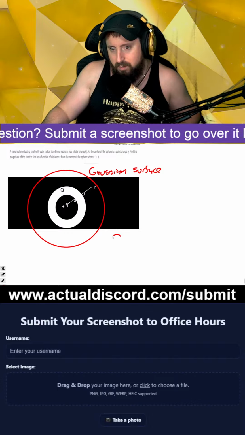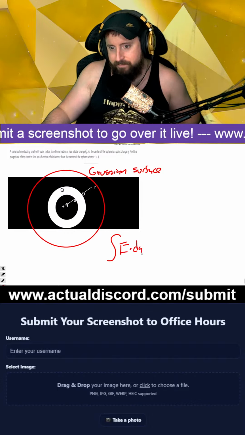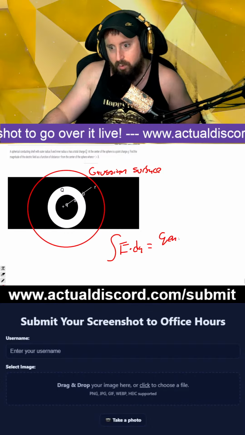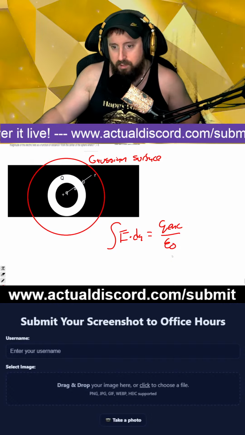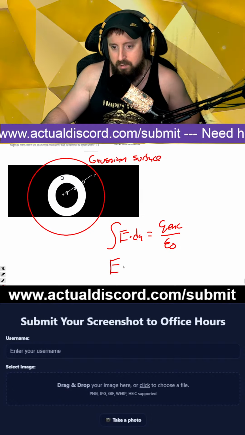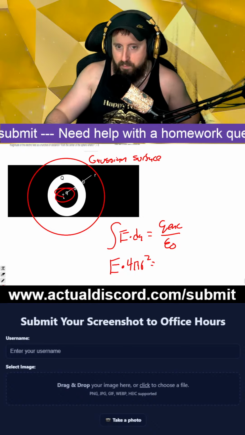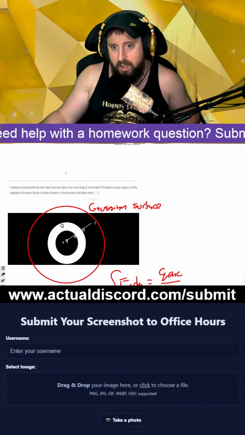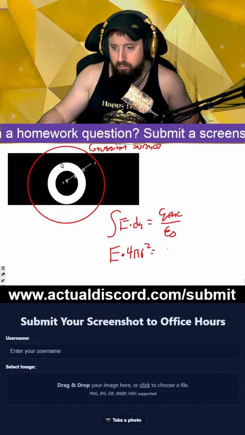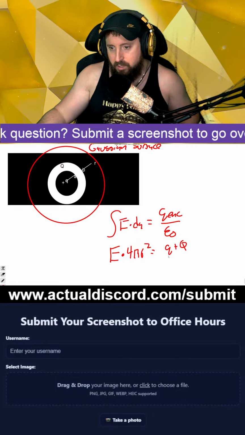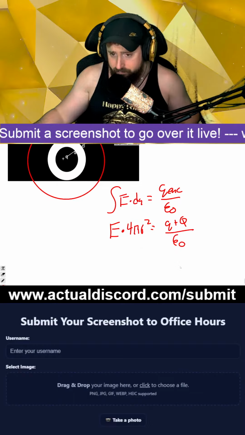So the integral of E dot dA is equal to Q enclosed over epsilon naught. So this is E times 4 pi r squared. The enclosed charge is positive little q and big Q, so it's just little q plus big Q all over epsilon naught.